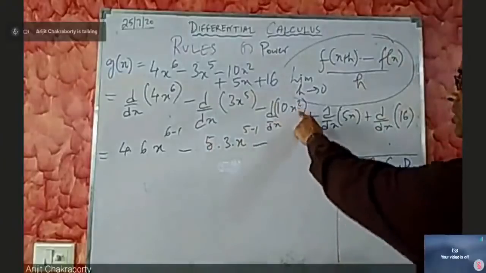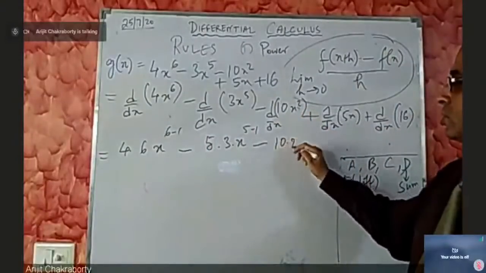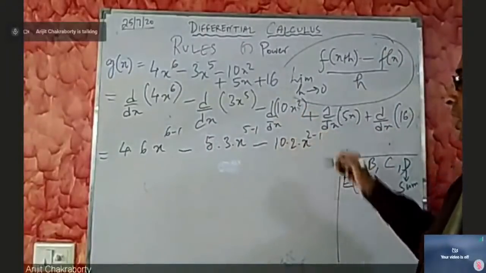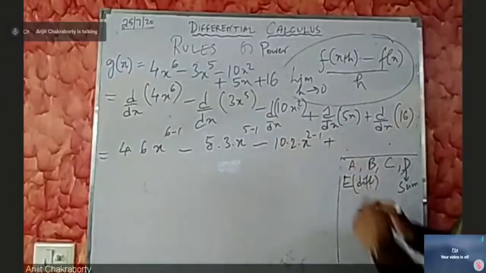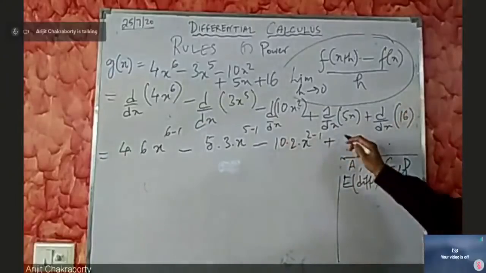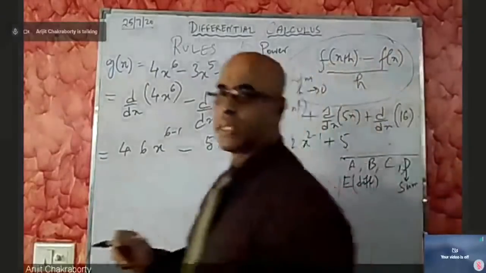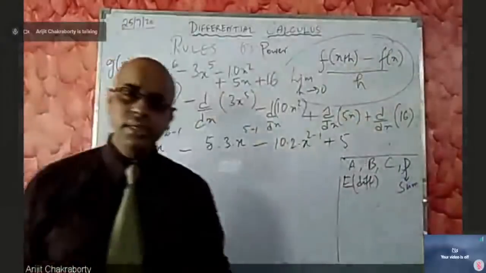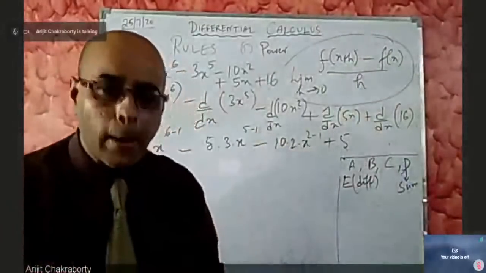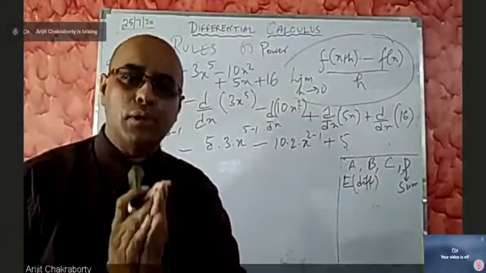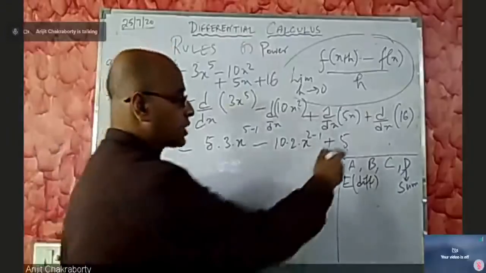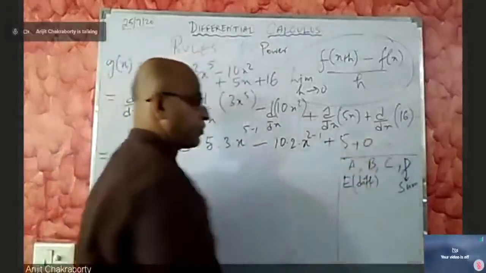Minus we have 10x squared, so it becomes 10 into 2 into x to the power 2 minus 1. Plus we have d/dx of 5x, which is 5, and d/dx of 16. The last one is 16, a constant. The differential coefficient of a constant is 0, so the last one will be 0.